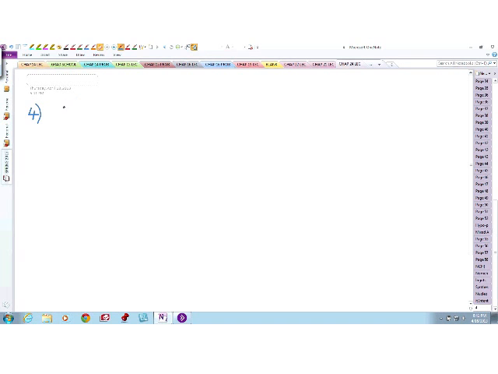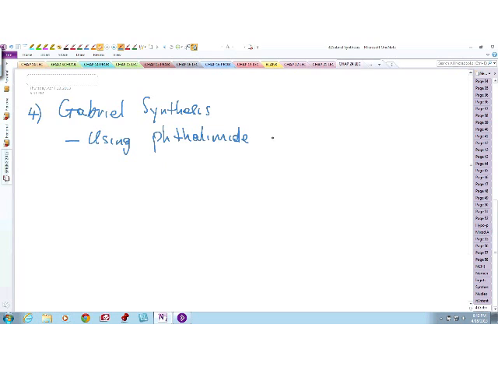Method number 4 will be the Gabriel synthesis. Gabriel synthesis is essentially using what we call phthalimide in an SN2 reaction.